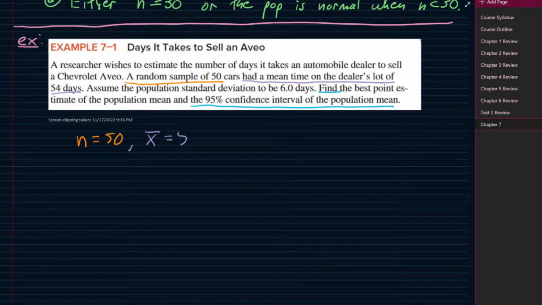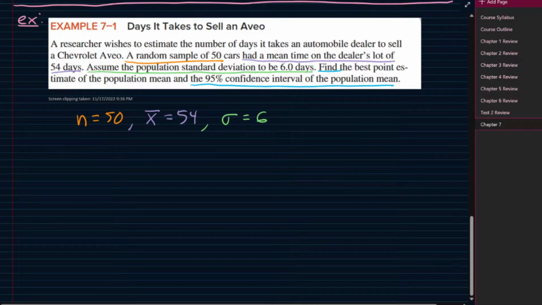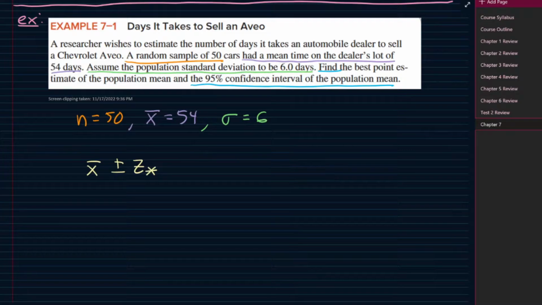Assume the population standard deviation to be 6 days. Okay, what's that? The population standard deviation, that's sigma. So we know sigma to be 6. And now we've got everything we need for the formula, right? It's x bar plus or minus z star times sigma over square root of n.